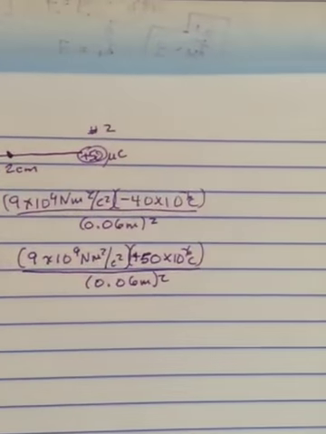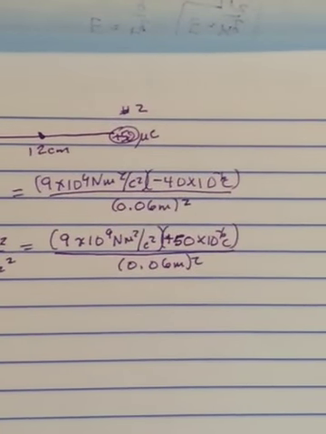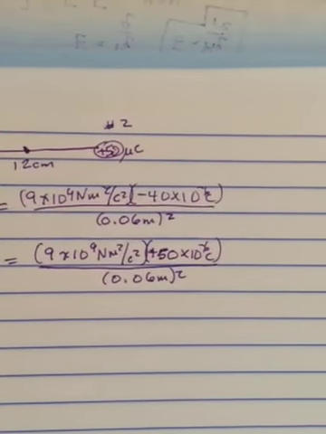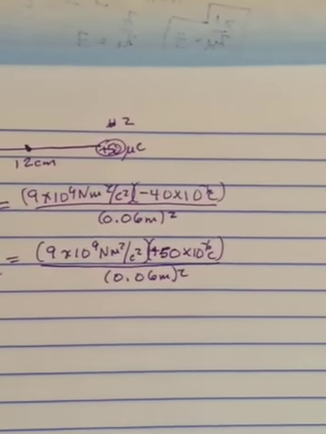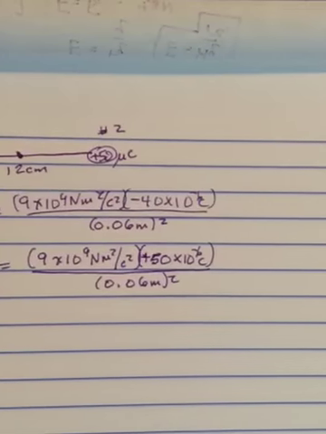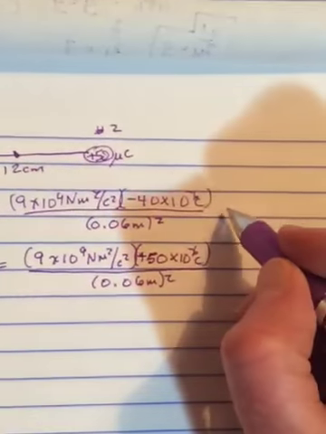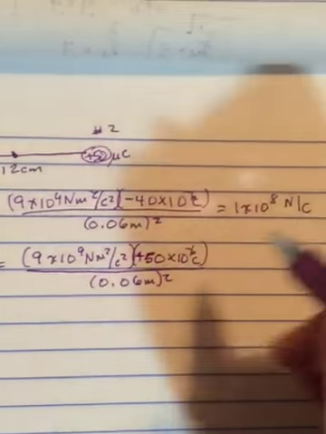Okay, so now do the math. 9 times 10 to the 9th times 40 times 10 to the negative 6, divided by 0.06 squared. So 1 times 10 to the 8th newtons per coulomb.